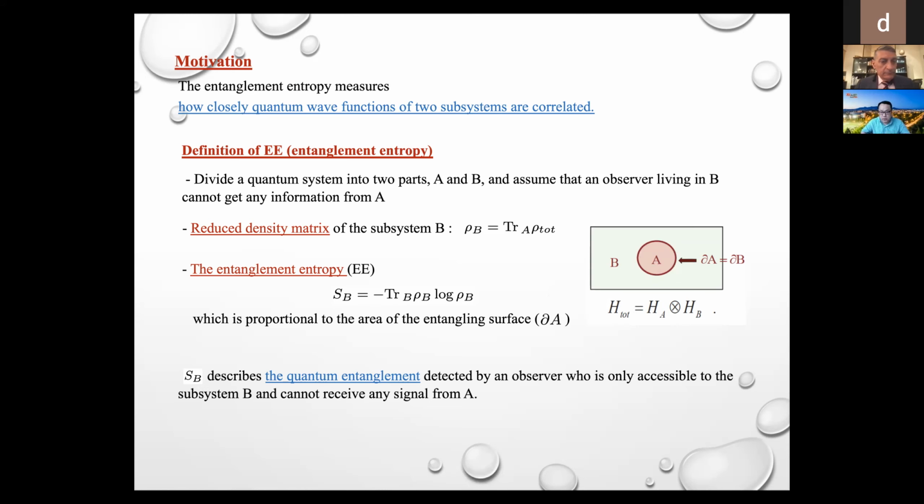The entangling surface is the border of the two subregions A and B. If we trace out the A region, then the entanglement entropy of B describes the quantum entanglement between A and B. An observer living in region B cannot get any information from region A. This is the typical definition of the entanglement entropy.